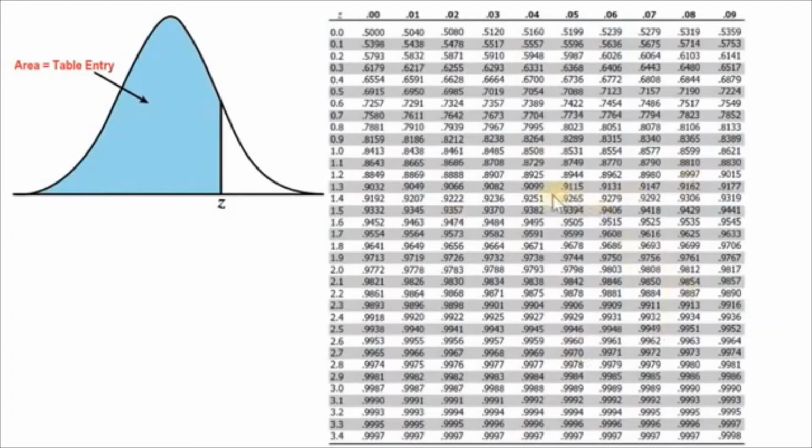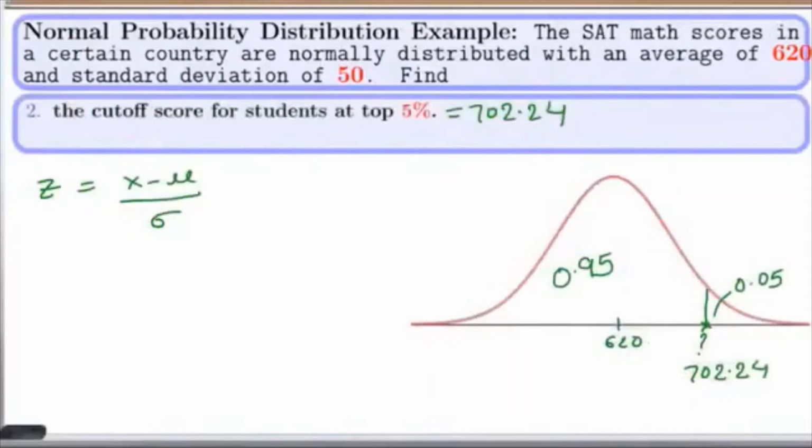And looking at these numbers, the number that is close to 0.95 is this, 0.9505. Now we will look for its corresponding z-score, which is 1.65.